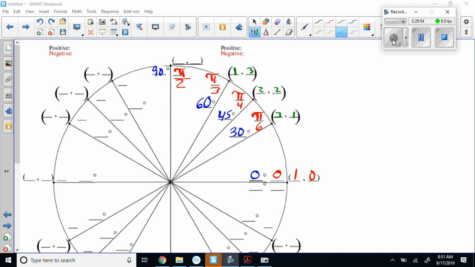Now, listen up. All of the denominators will be 2. All of the denominators, if y'all listen and quit chit-chatting, you'll understand what I'm about to say. All of the denominators are 2.